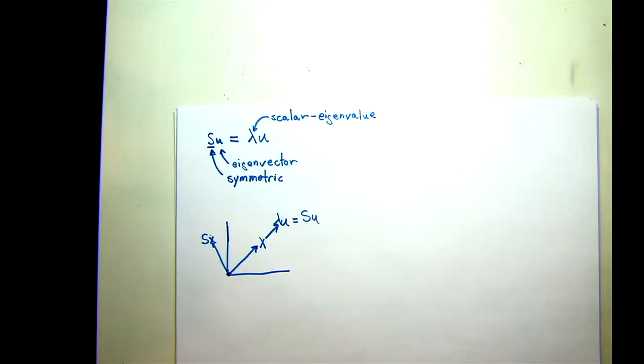They always point in the same direction. Now, they might change length due to that transformation, but they're not going to change direction. And that's going to be the important thing about this.